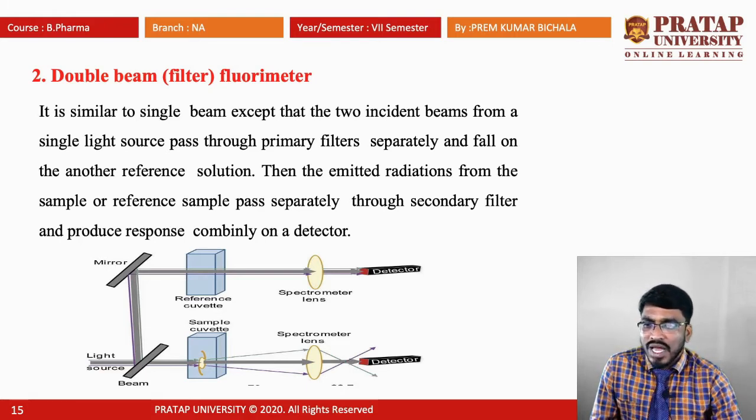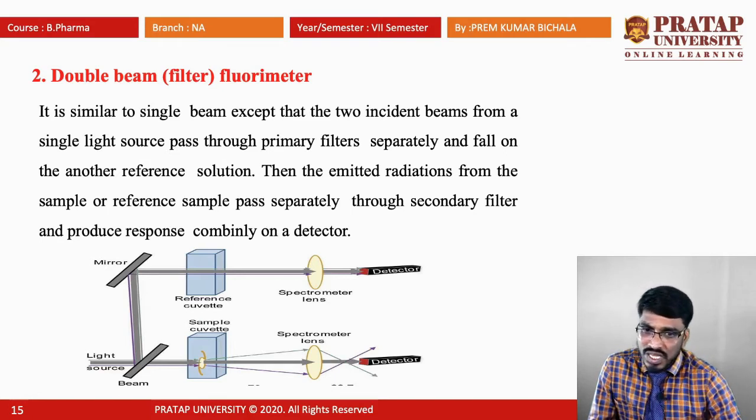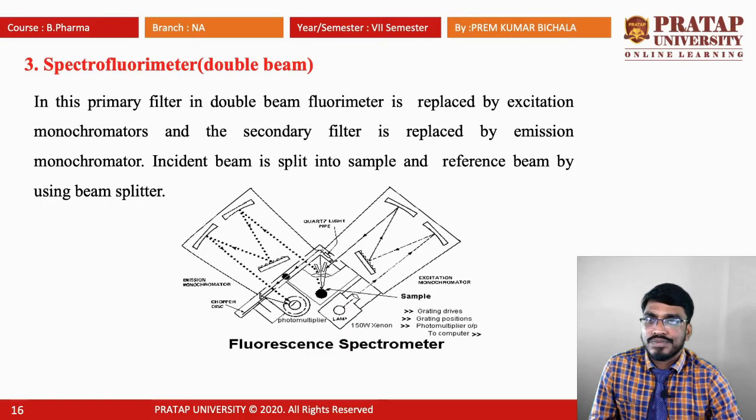To split the light, we use mirrors to separate the two beams, and each beam contains different cuvettes and also spectrometer lenses, which act as a secondary filter.